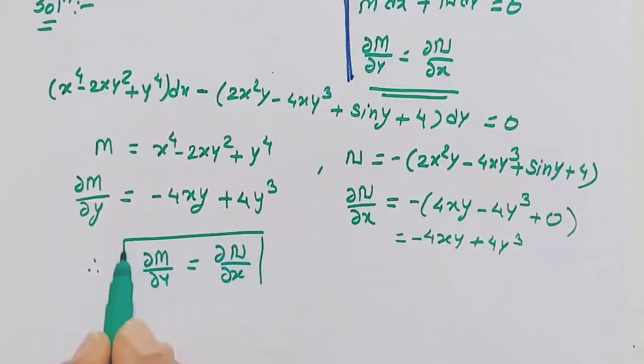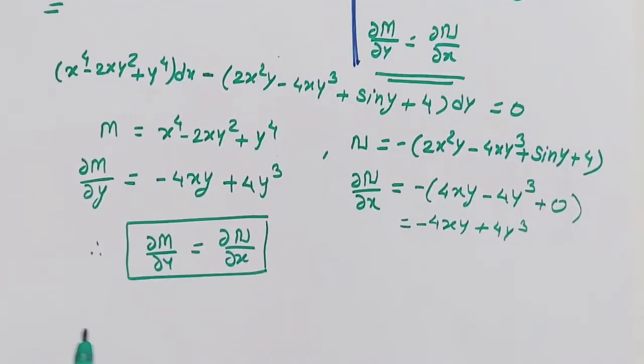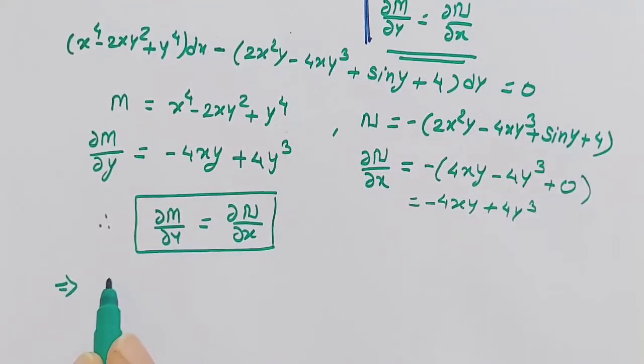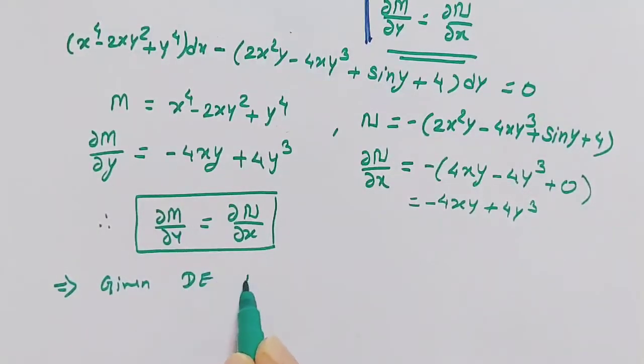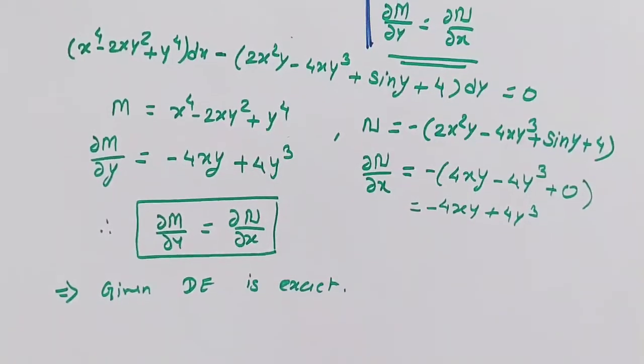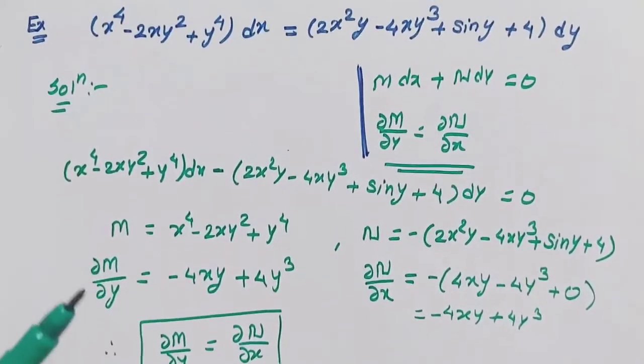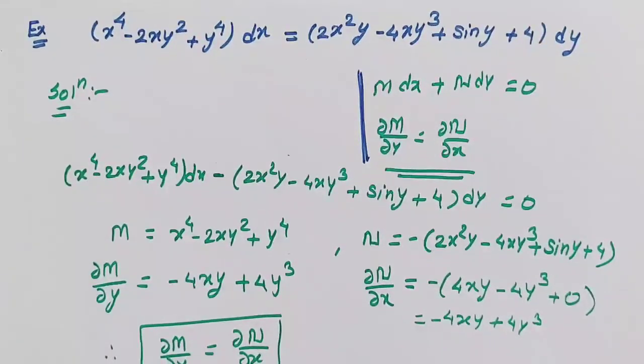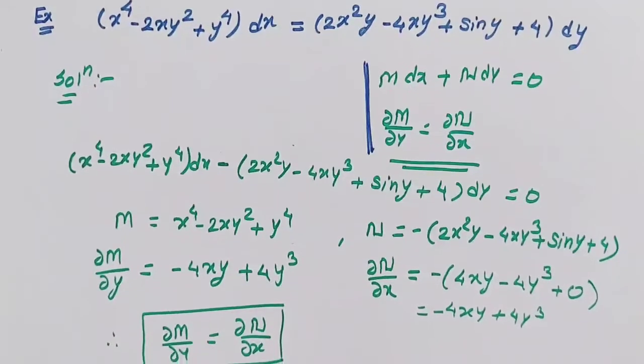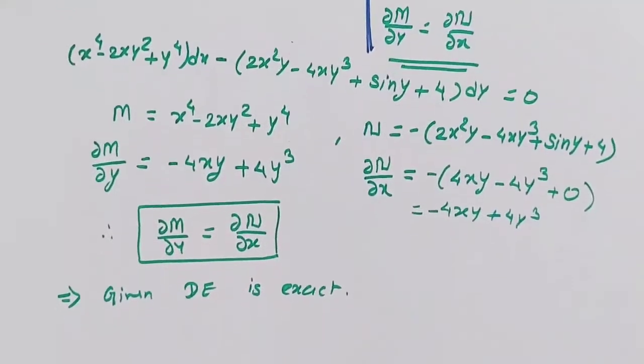Since our given differential equation satisfies this condition, this implies the given differential equation is exact. Now once we prove that the given differential equation is exact, we can solve it with the help of the solution of an exact differential equation.